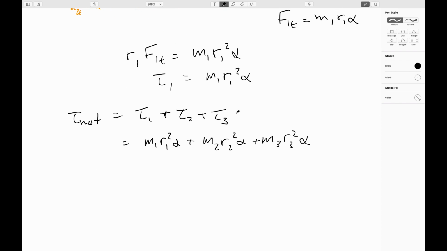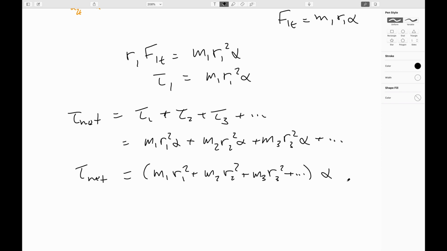All right, so we can then rewrite the net torque here. We can pull out an alpha from everything, and you're left with m1 r1 squared plus m2 r2 squared plus m3 r3 squared, and so forth, times alpha.